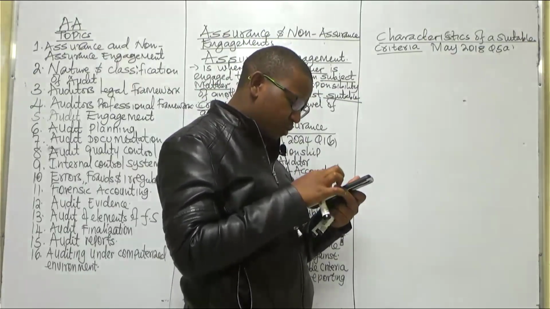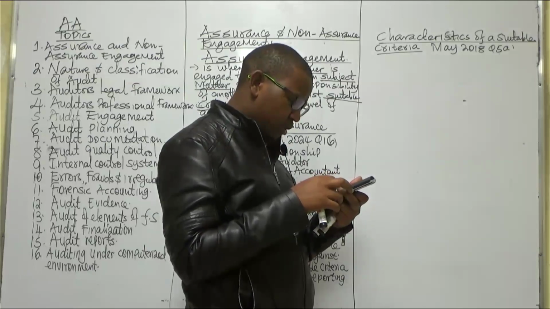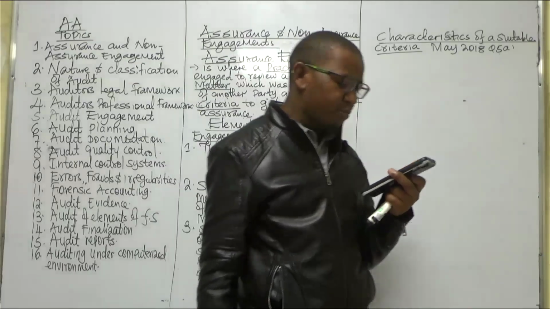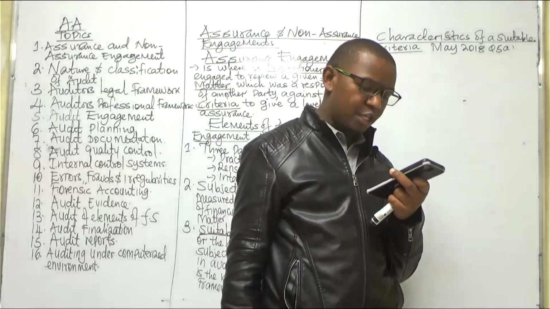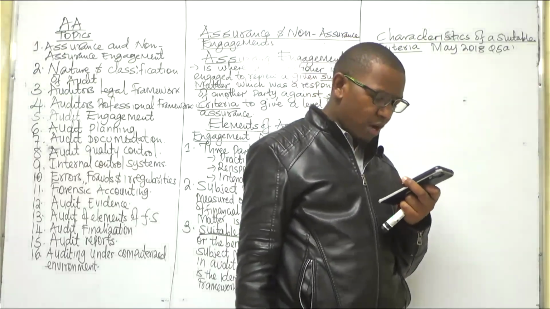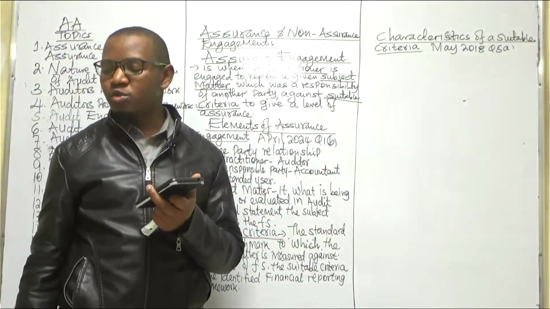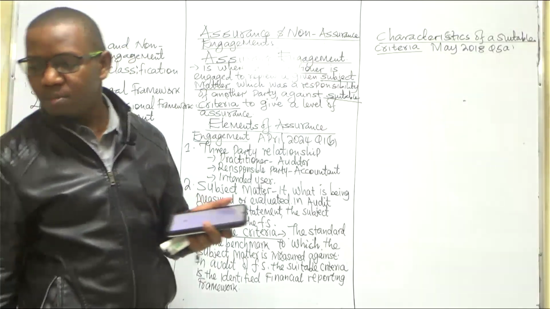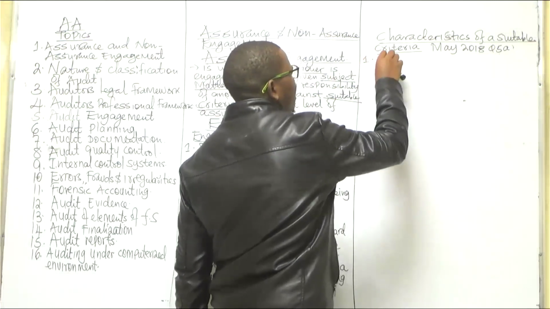The question was framed: a suitable criteria is a benchmark used to evaluate a subject matter for purposes of presentation and disclosure. You are required to describe three characteristics of a suitable criteria. Now, what are the characteristics of a suitable criteria?